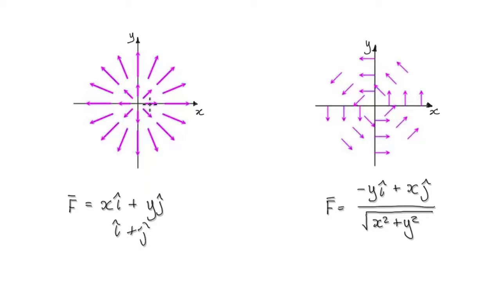That means 1 in the x direction, 1 in the y direction. So you're going to get this vector here. Notice that this vector is weaker than this vector.